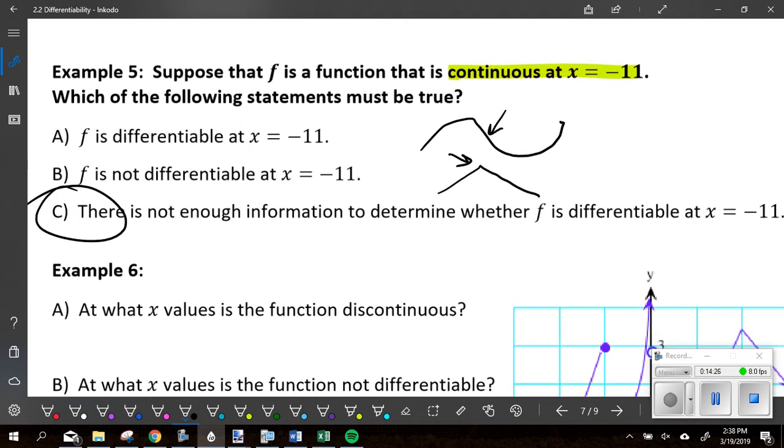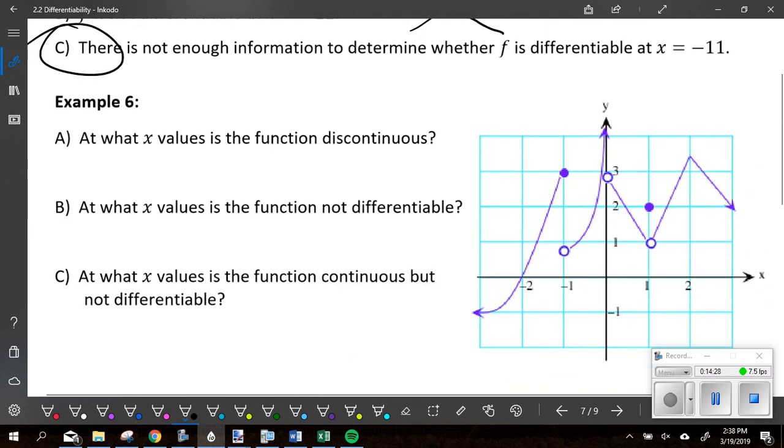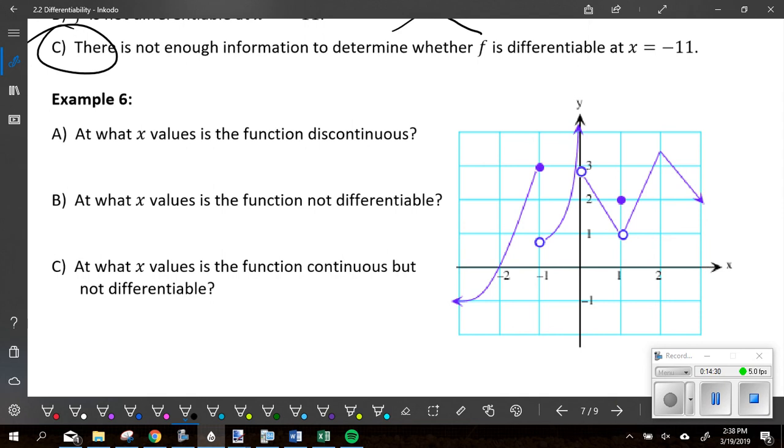Looking at that graph, go through those really quickly. Fairman, at what x values is that function discontinuous? -1, 0, and 1. Okay, good. Isaiah, at which values is that function not differentiable? -1, 0, 1, and 2.